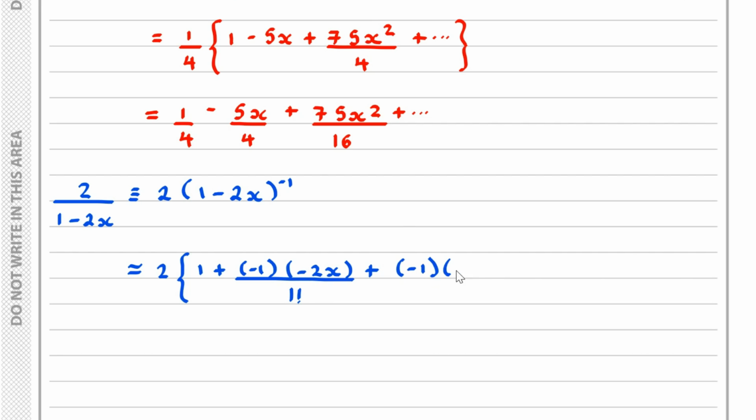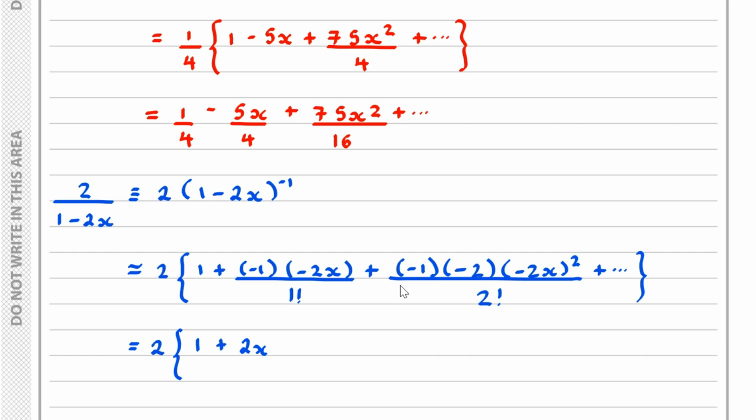Then we've got minus 1 times minus 2 times minus 2x squared over 2 factorial. And then we could continue. So we've got 2 lots of 1 plus 2x. Here we have 4x squared times by minus 1.